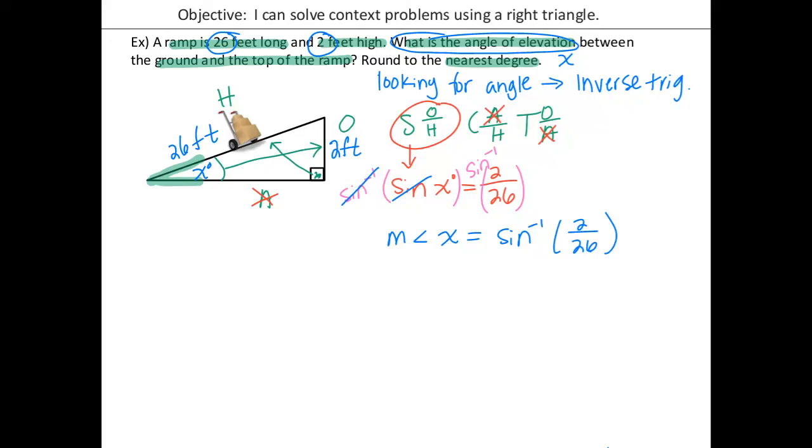Okay, and then here is where you do the calculator work. So for the calculator, this time is where you go second sine. So second sine 2 divided by 26, close the parenthesis, press equal.